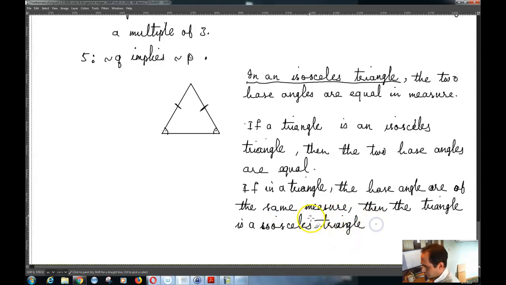And I'm saying is an isosceles triangle, meaning that these two sides are the same, and then by definition, a triangle that has these two sides of the same length, you call it an isosceles triangle.